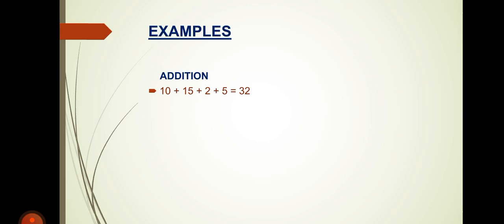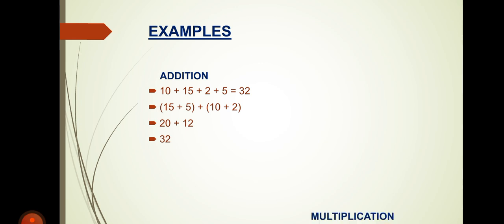That will take much time in solving, and if we apply the associative law, we first regroup it, saying that 15 and 5 are grouped together and 10 and 2 are grouped together. So 15 plus 5 we know is 20, and 20 plus 12 is easy to calculate, it is 32. It will take less time in solving a particular problem.